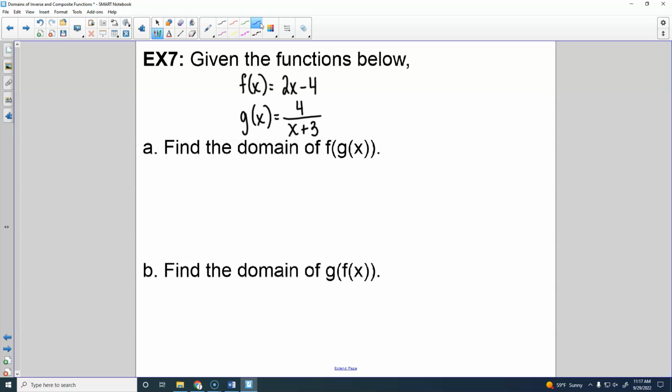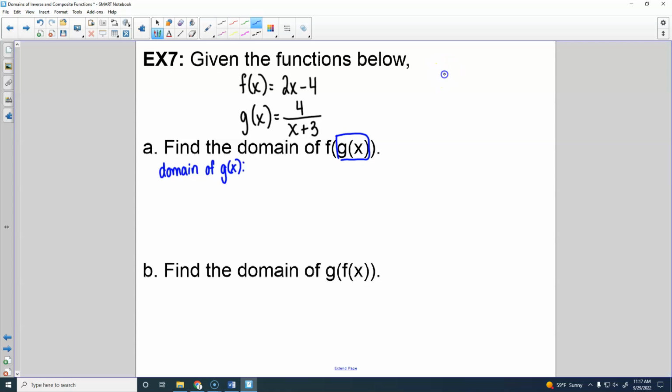So, if I have 2x minus 4 and 4 over x plus 3, and I'm looking at f of g of x, we care about the inside function first, right? So, domain of g of x. That's what we're thinking of first, because if we get an undefined for that, we'll have an undefined for the whole thing.